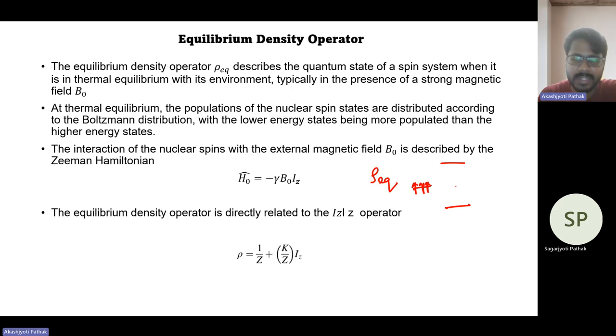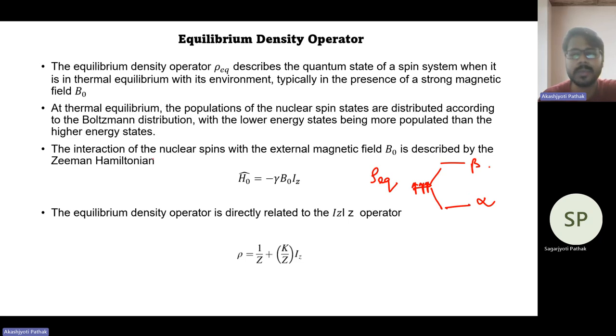But when the magnetic field is applied, the degeneracy is lost, and it leads to splitting of the energy levels. This splitting results in two different energy states: one is the alpha state and another is the beta state.